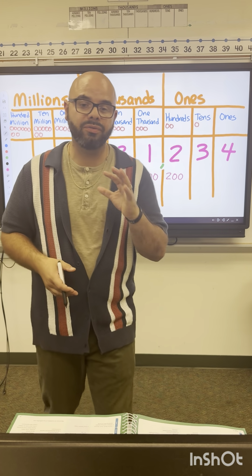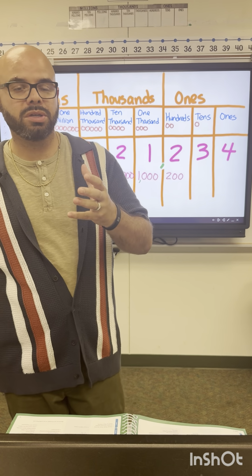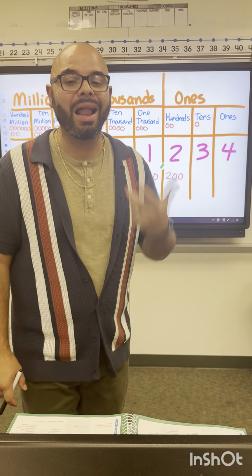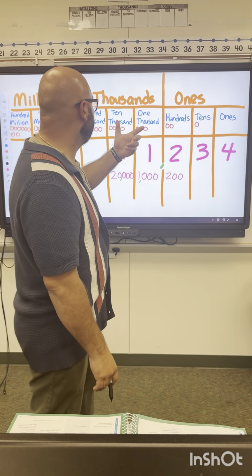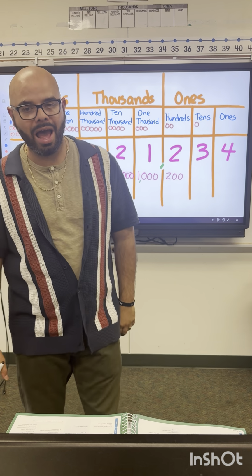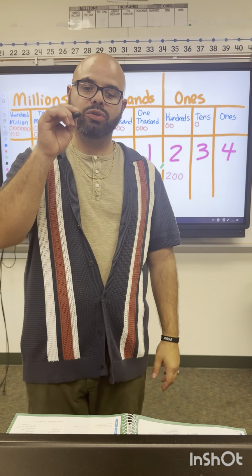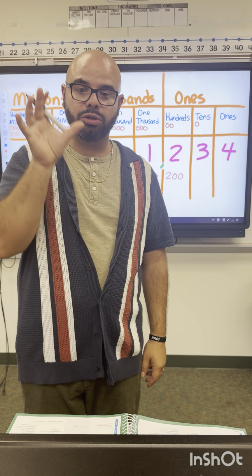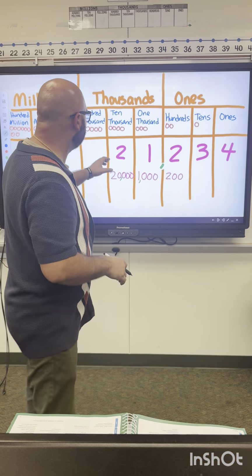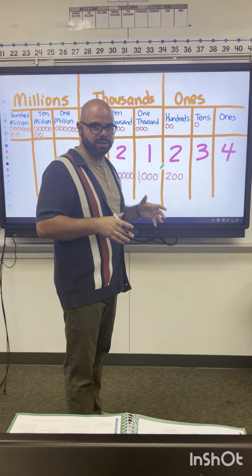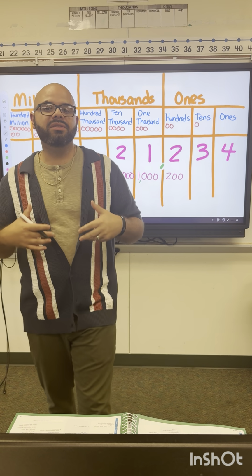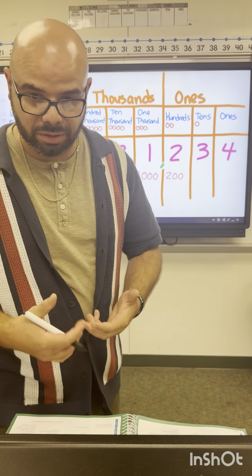Now they always get confused on, sometimes the test will tell them, hey, what value does the 2 in the ten thousands place have? And they always want to put the actual place value that the 2 is found in. The 2 is found in the ten thousands place. Yes, that's true. But they want to know what is the value of that 2 in the ten thousands place.